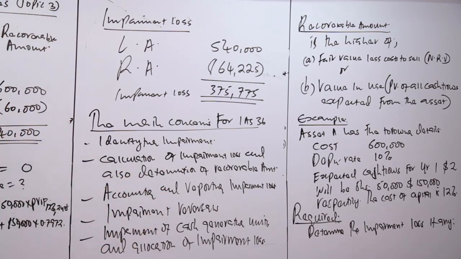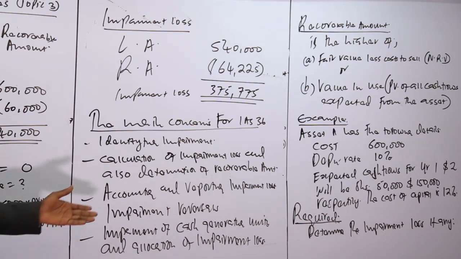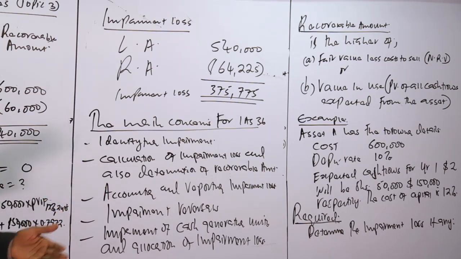Accounting and reporting impairment loss, how do we recognize it? Simply, without going into details, the impairment loss should be reported in profit or loss as an expense. Then we also have impairment reversals. We may have some reversals. What do we need to do? Then impairment of cash generating units.